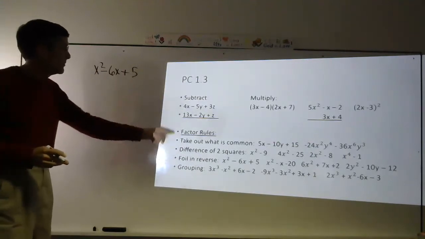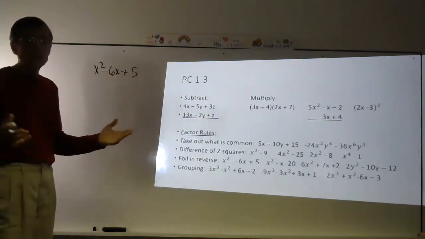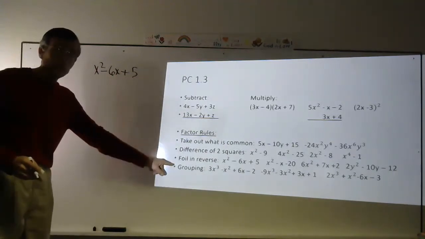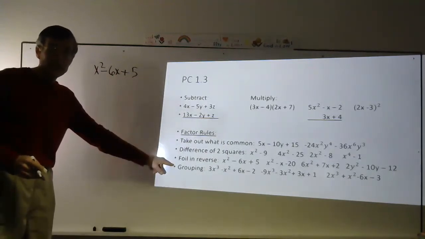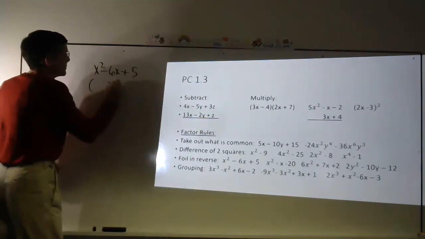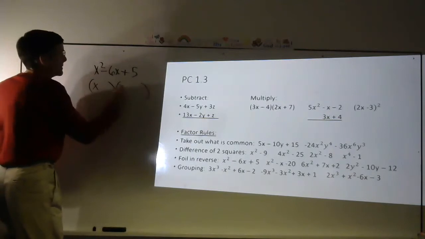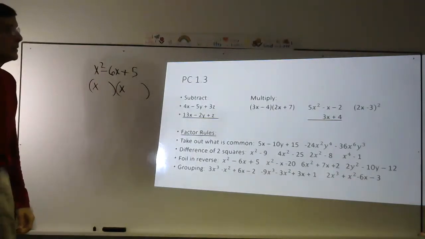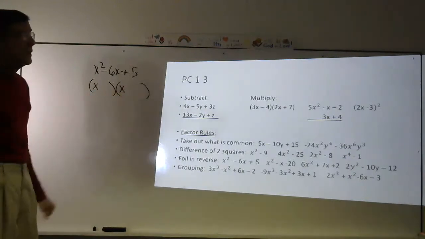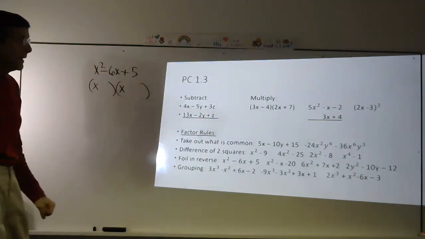Nothing common. Is it the difference of two squares? Don't be silly. There's 3 terms. It's rule 3, right? 3 terms, do rule 3. FOIL in reverse. I know that x times x makes x squared. Now, whatever you put here and here must multiply to give you 5.